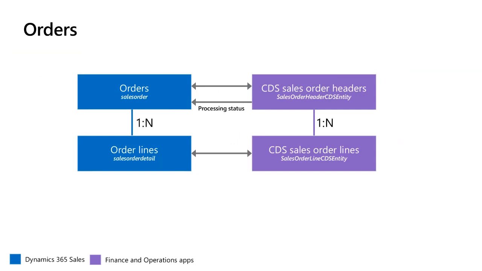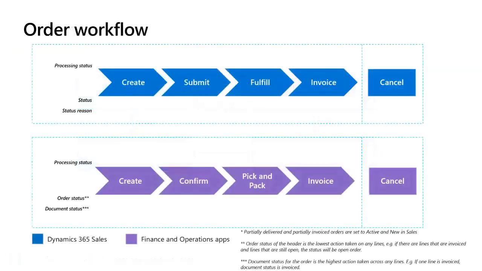So the data model for orders, much the same as the quotation, header lines, and bidirectional sync. With the exception of, I should say, processing status. So this is as the order goes through the different states, through that confirmation, picking, packing, invoicing. There's processing status that is pushed from finance and operations through to sales.